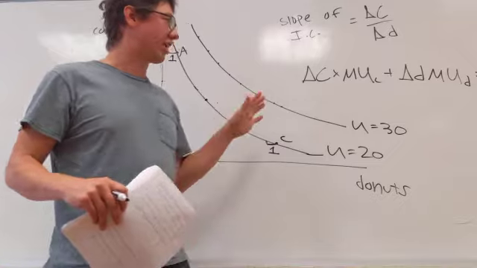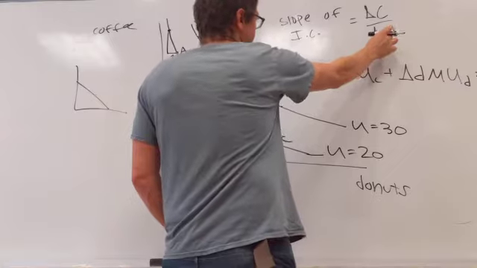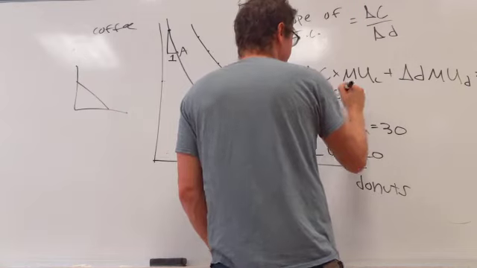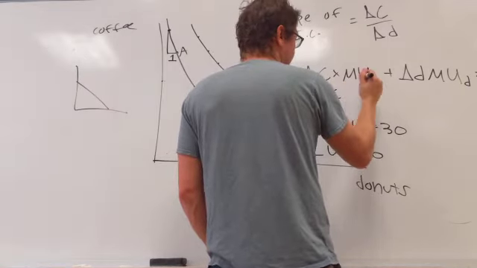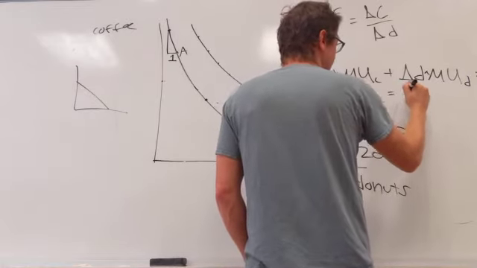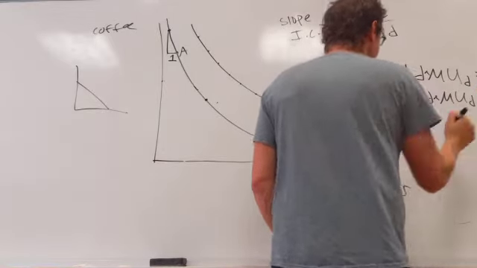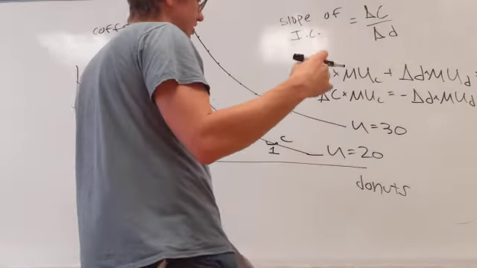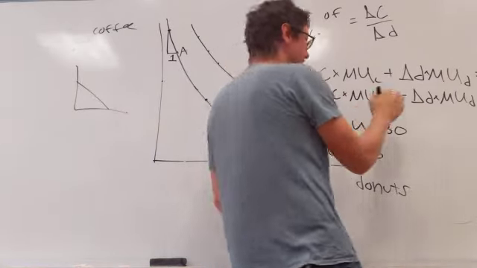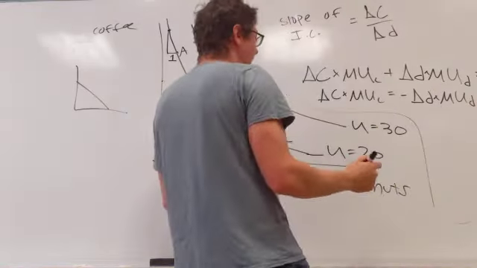Okay. Then I can rearrange this a tiny bit. I can do a little bit of algebra to get to something like this. Maybe I'll move the donut terms to the other side. So I'll say delta C times the marginal utility of C is equal to the negative of delta D times the marginal utility of D. Then I'll divide both sides by delta D, and also divide both sides by the marginal utility of C. Sorry, this is not great board management.